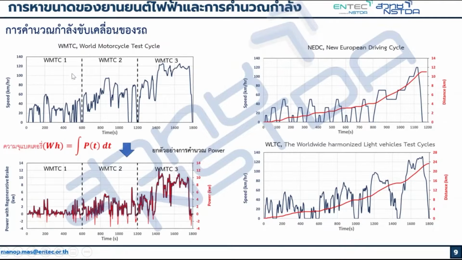The second one, if Honda Wave is in the market level, WMTC is the big bike test drive. In Thailand, we cannot use the low speed on the road because it cannot even pass over the bus. I cannot make a U-turn.